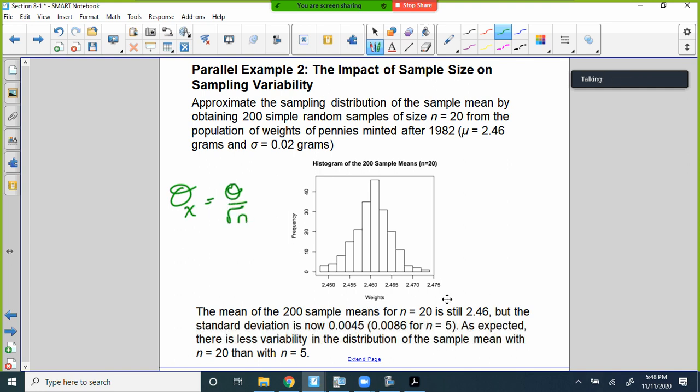If we do this, you get 0.0045, which means that the variability of our sample mean is less. As expected, there is less variability in the distribution of a sample mean with n equals 20 than with n equals 5.